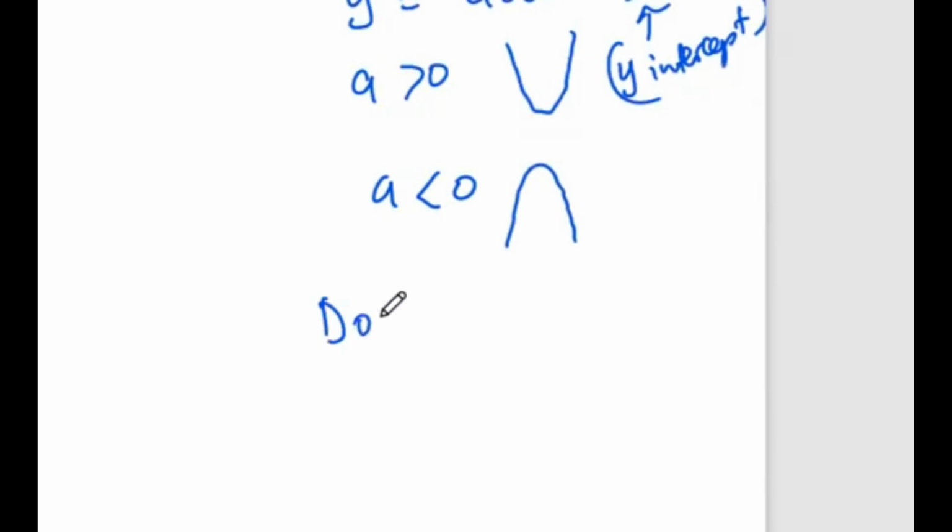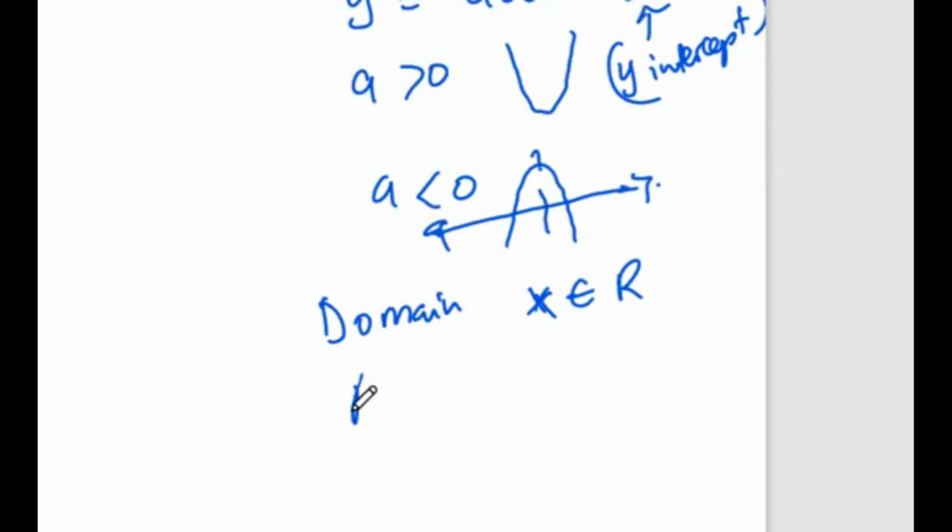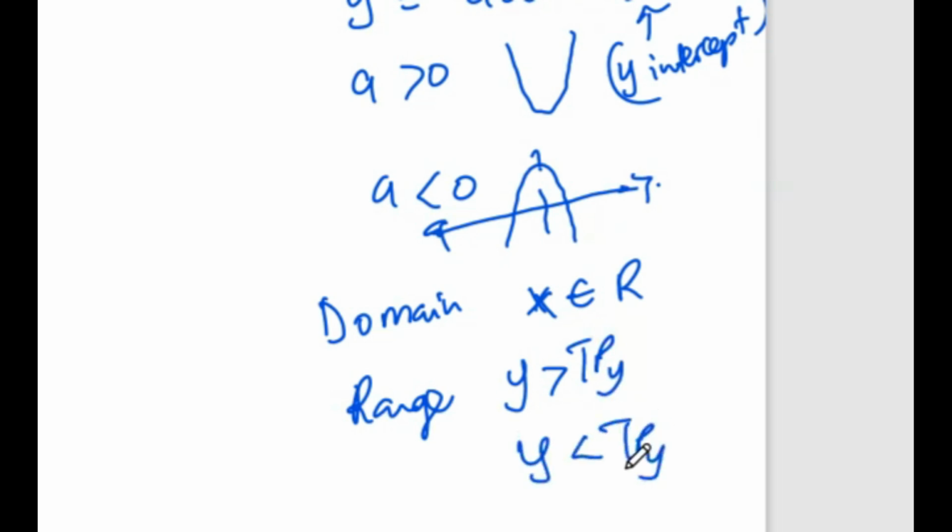What we need to know about the domain of the parabola is that x is an element of real numbers. So which means this parabola can stretch to the left and then to the right also of the axis.